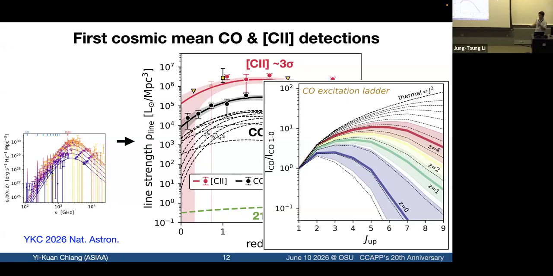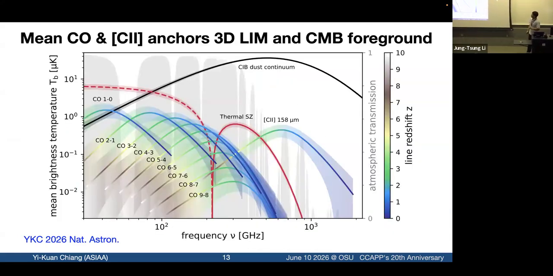So this is a posterior of the excitation as a function of J, and the line ratio as a function of J at different redshift. We learned that at higher and higher redshift, the CO is actually more and more excited. I think this is an indication of stronger, more intense star formation happening in a smaller region of galaxies. So higher star formation rate density at high z.